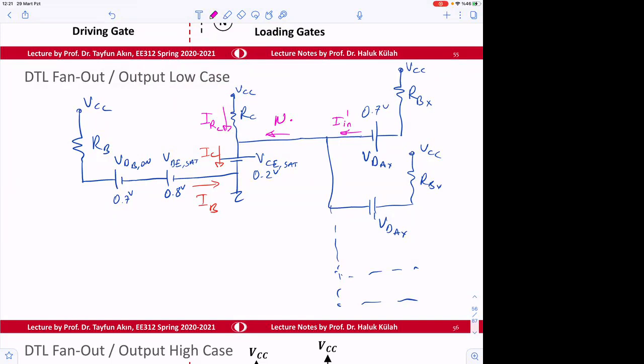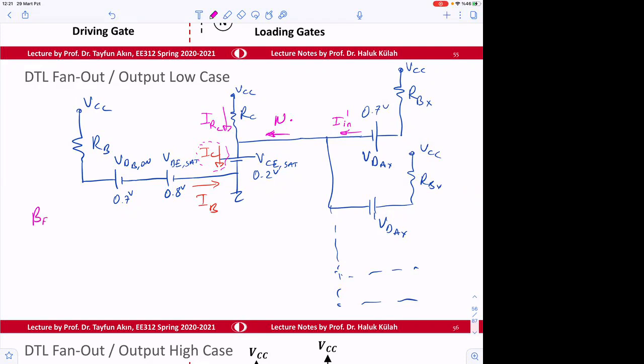Okay, so from here we can find the limit, because if more current comes here, this IC will start increasing. Therefore, what was our condition for proper operation? This should be in saturation.